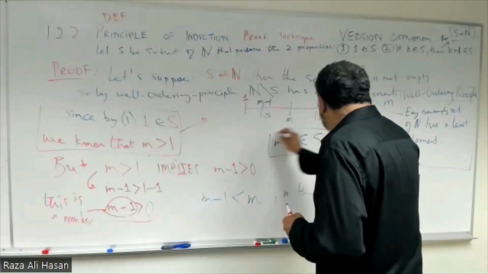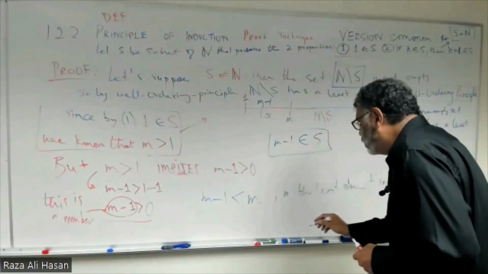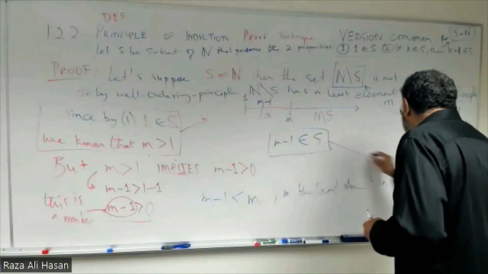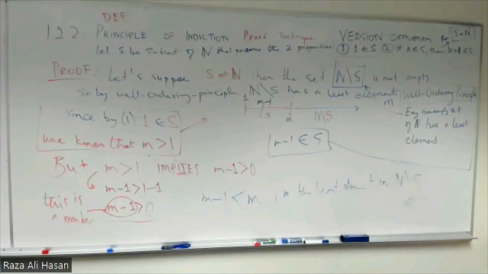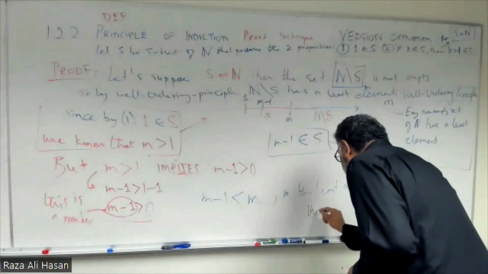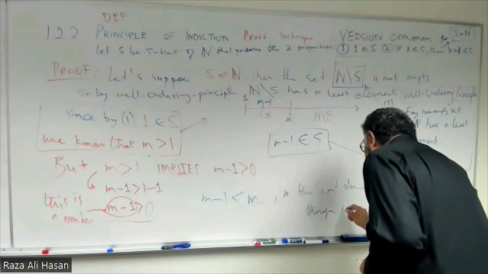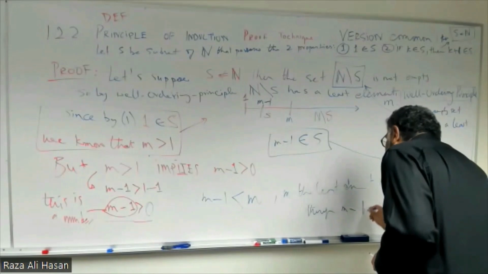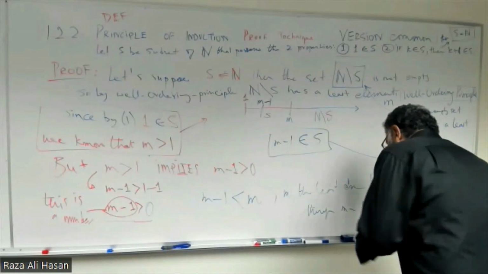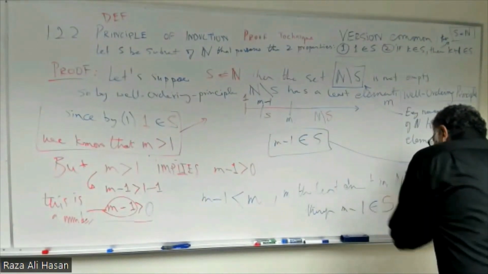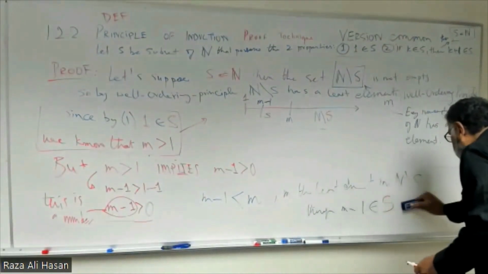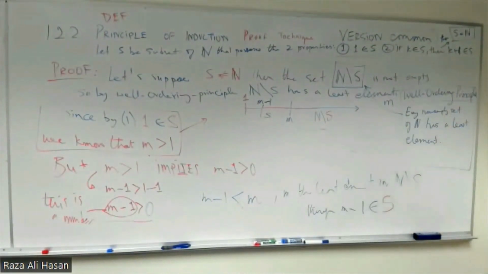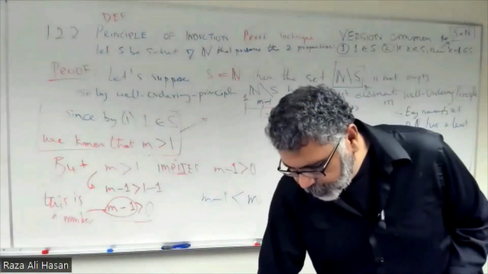This is our conclusion. So put it here. Therefore, M minus 1 belongs to S. So now what are we gonna do?